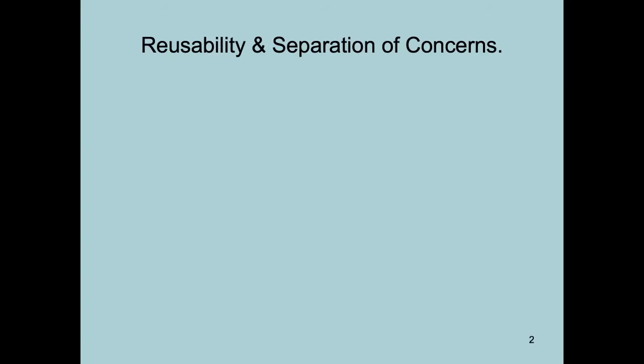Similarly, each module, and I'm using the term module here in a very general sense, in the context of React, I suppose a module would be a component, but we would like each module or unit to have a single concern or a single purpose. And so each module or unit or component, their concerns should be separate from all other units within an application. And that all kind of leads to having applications that are more maintainable, easier to understand for other people when they're looking at your application design.